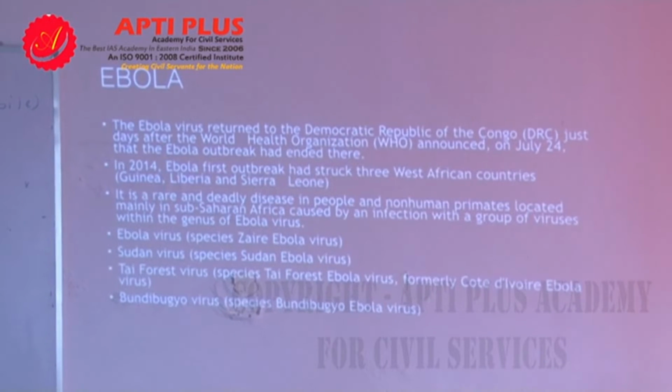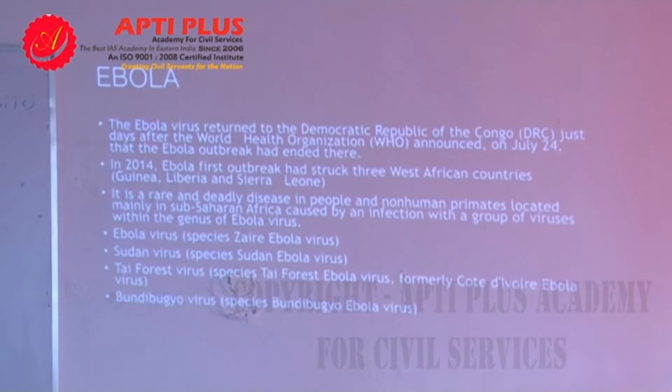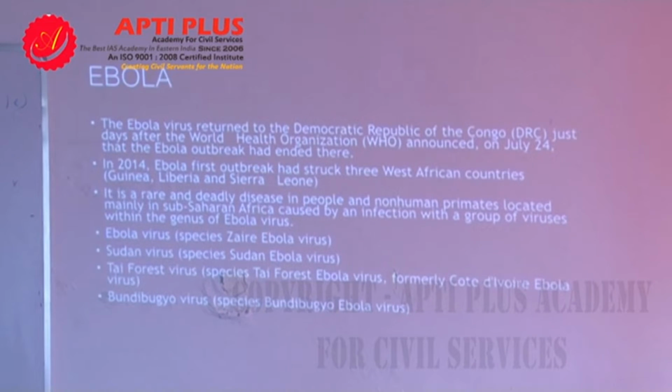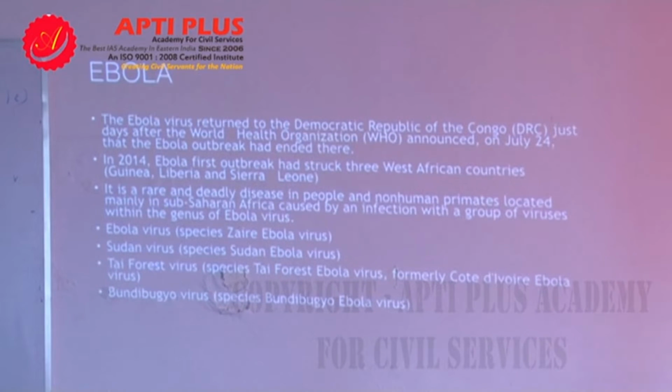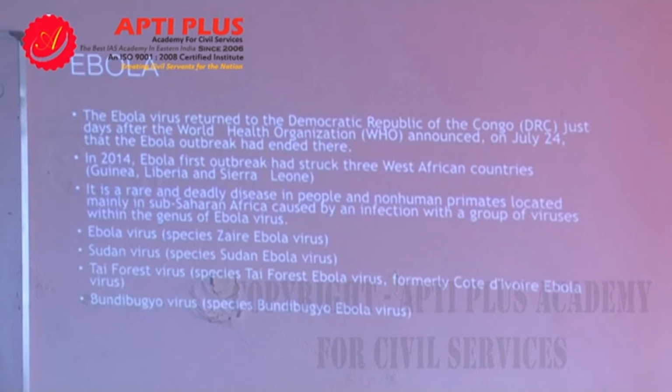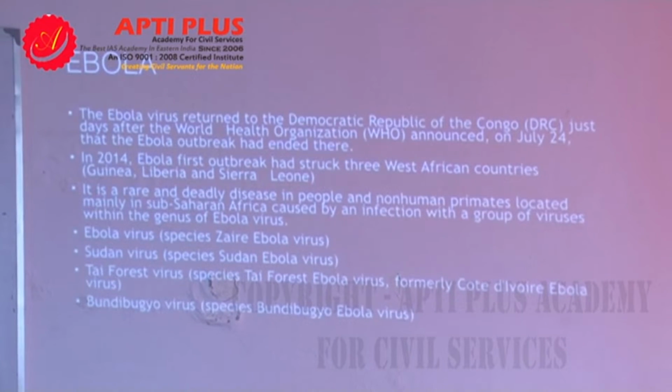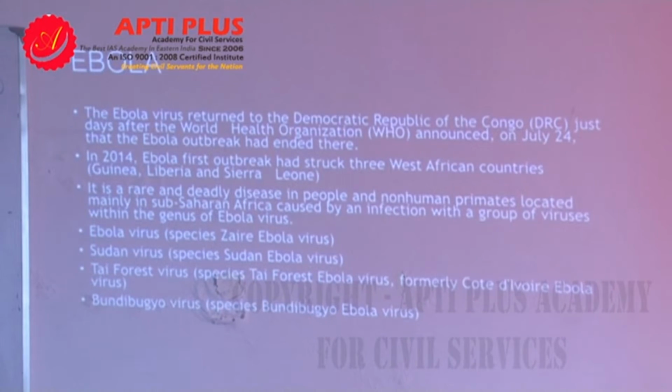There's only once a question has been asked on Ebola, and that was a question not from science and technology, but from geography, where Ebola had been seen in the news. So there the names of the countries were given. If you recall, those who were in the regular batch, I gave you one website to know the diseases. I mentioned one government website where, if you want to learn anything regarding diseases, you can follow that website.